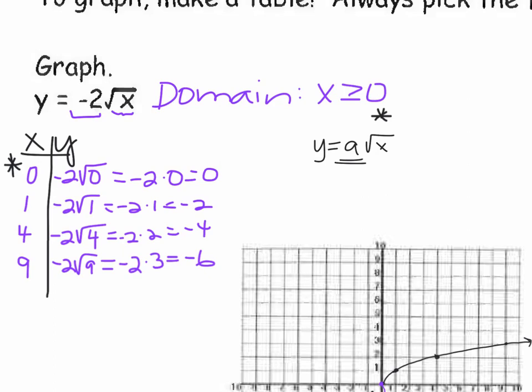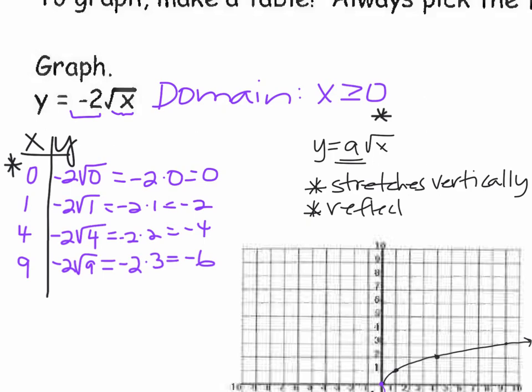If a is greater than 1, the graph stretches. So 2 is technically greater than 1. So our graph is going to stretch vertically because it's bigger than the parent function. Now the negative does something different. The negative out in front actually reflects the graph over the x-axis.